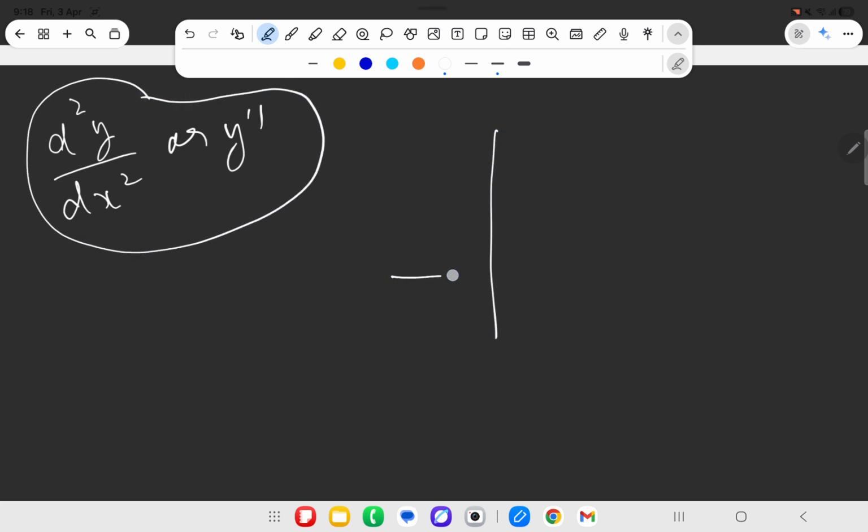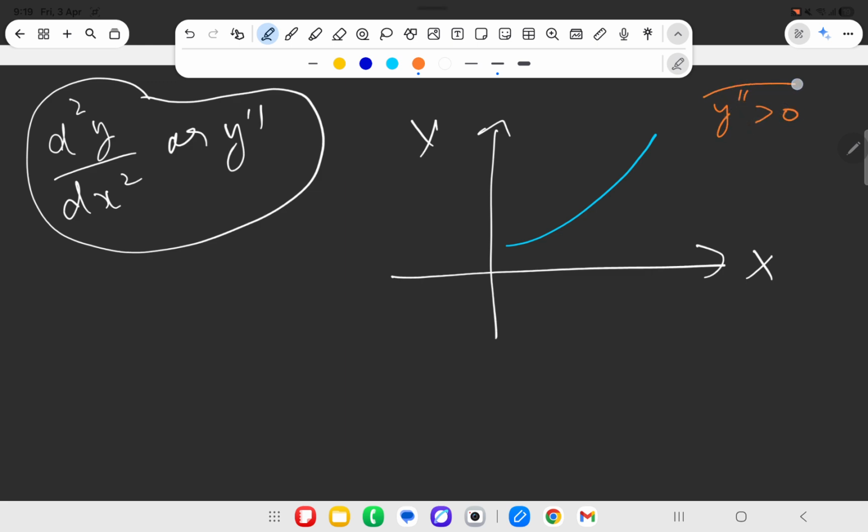Okay, I am talking about, for example, it is x and y, and suppose I make a curve like that, this one. If I am talking about only double derivative, that is second order derivative, when it's greater than 0 it means the graph is always formed concave upward.